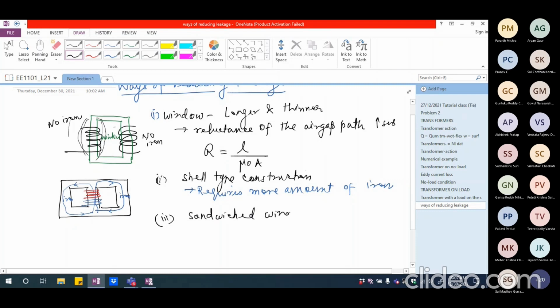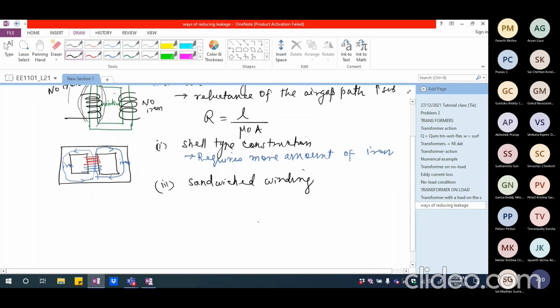You are not going to have primary and secondary winding completely segregated from each other. Rather than that, let us say I'm going to have the core somewhat like this. So I have the core here. Rather than segregating the primary and secondary on either of the limbs, I might have some portion of the primary wound here.